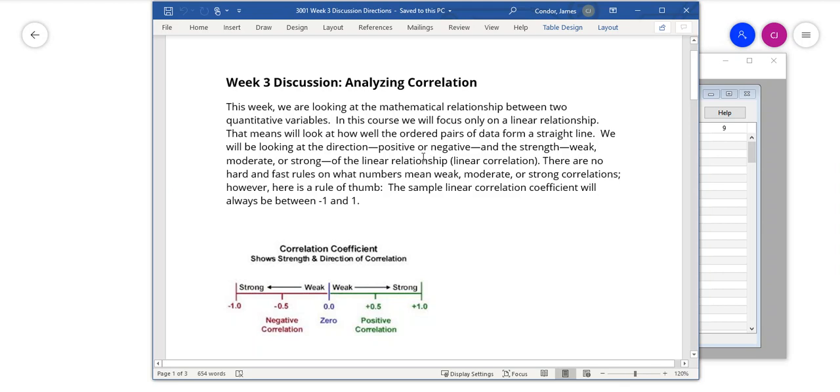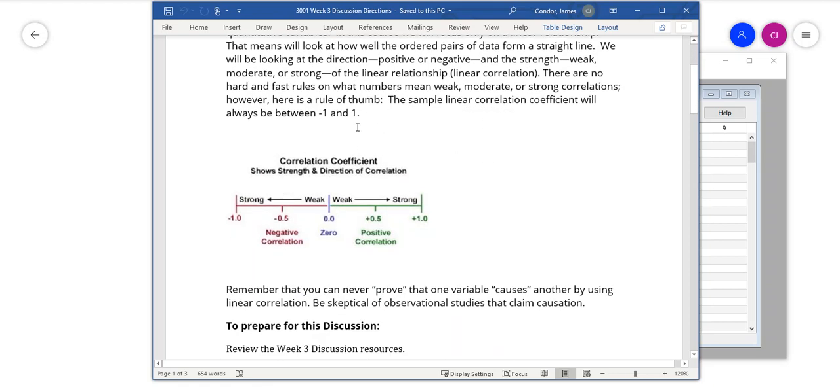Now, if we want to know exactly, then we will look at the correlation coefficient. The linear correlation coefficient will be a particular number that ranges between -1 and 1. So that r value, that sample correlation coefficient, shows strength and direction. If you're right around 0, that's weak, a little bit above 0, a little bit below 0.